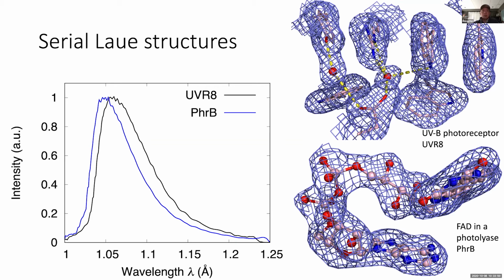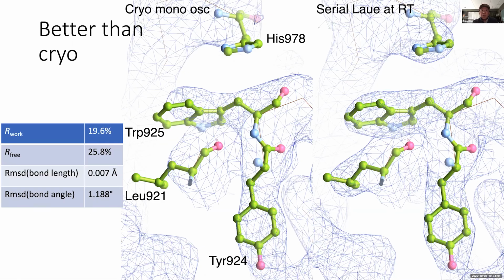I'm not going to get into science, okay, in this talk. And then here is a comparison between a regular cryo monochromatic oscillation from one of the photoreceptors that we are working on. This is a really difficult case, even for oscillation.